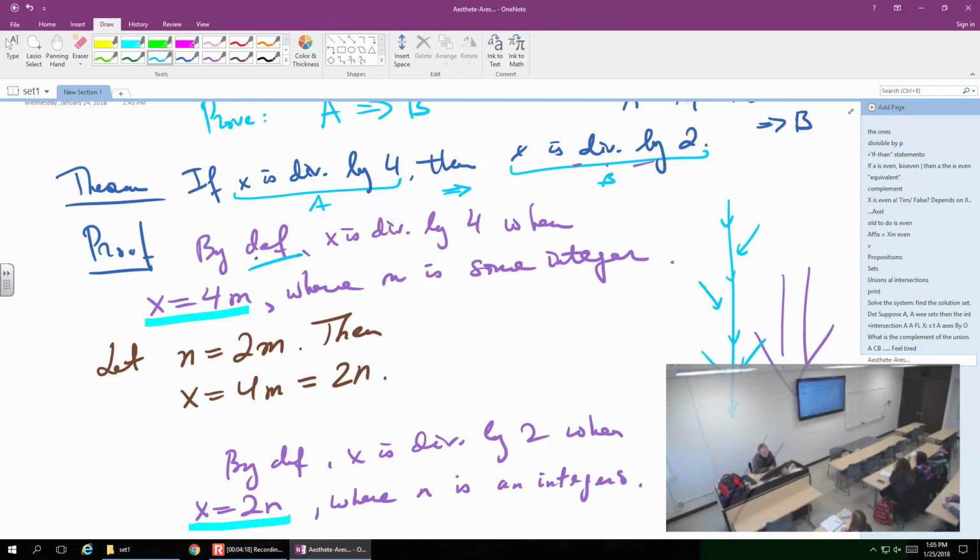But here's the proof once again. By definition, x is divisible by 4 when x can be represented as 4m, where m is another integer. And the same definition applies at the end. That's how I quickly wrote the proof, by applying the definition twice and leaving room for the actual algebra.